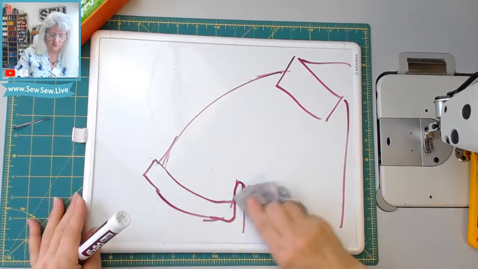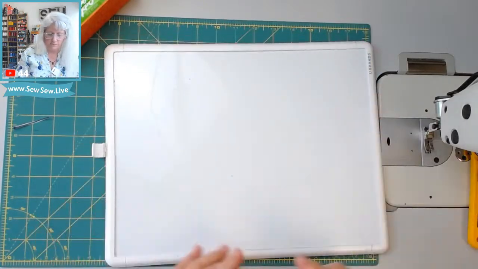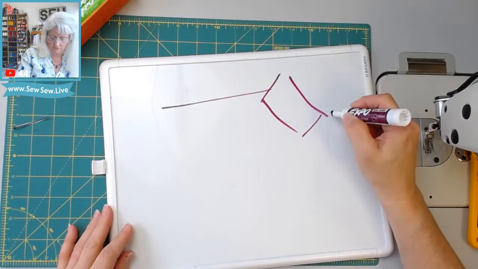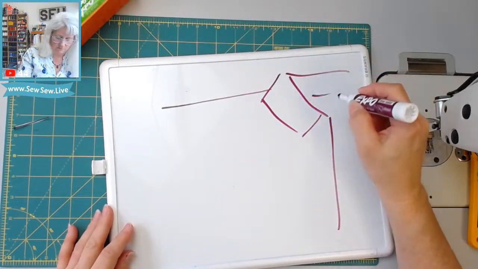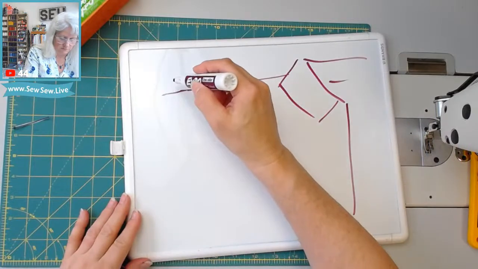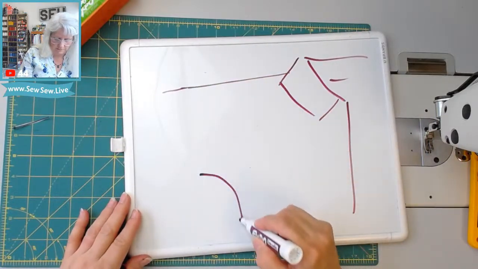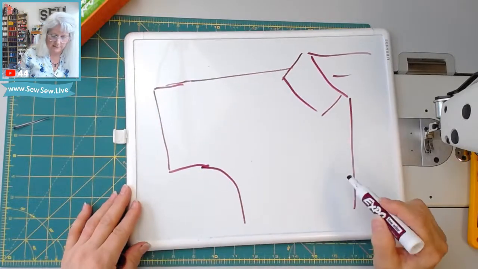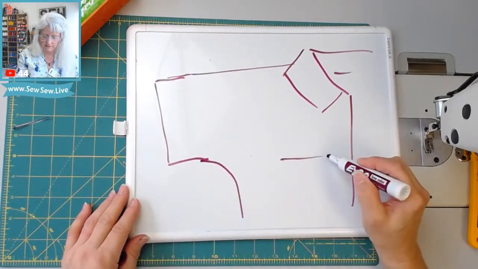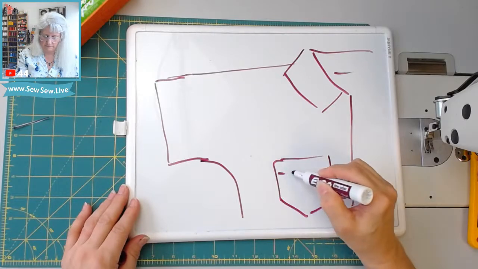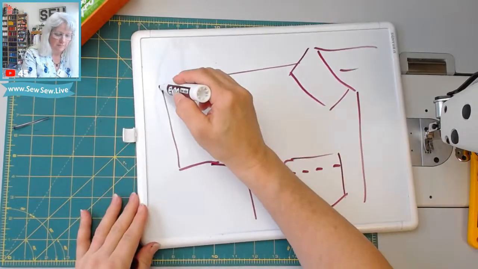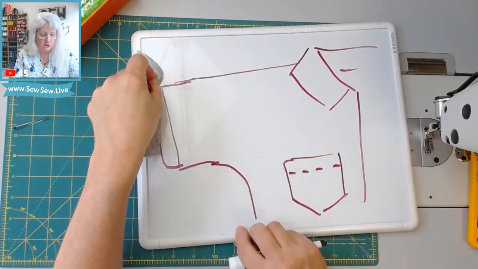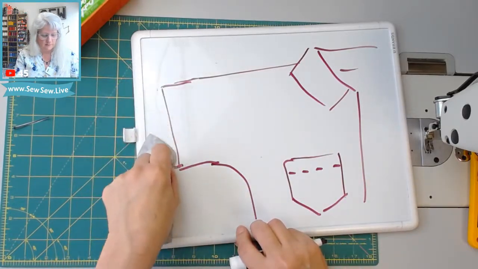So let's illustrate this better, just all around better. I keep making this so gigantic here. So let's say you want a cut-on sleeve like this, right? You could put a band here. You could do the cuff we just did.